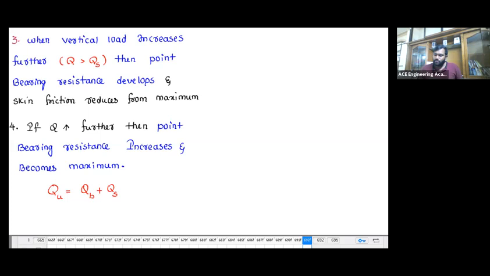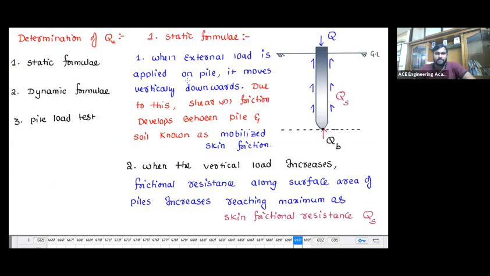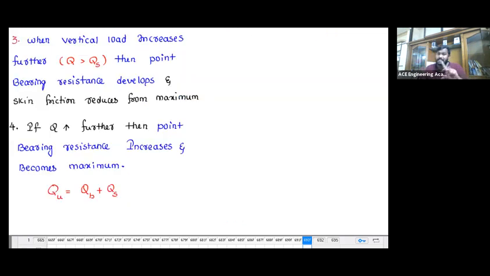This is what the static formula says. Do you think both resistances are developed at the same time? No. First skin friction develops and becomes maximum, and then point bearing resistance develops. As point bearing resistance increases, skin friction takes a little bit less.